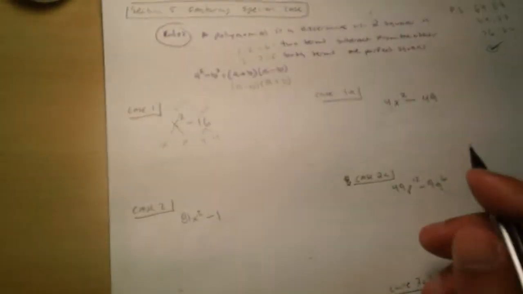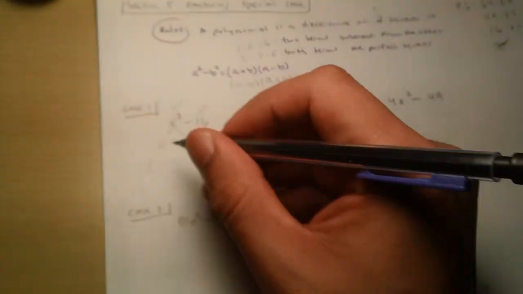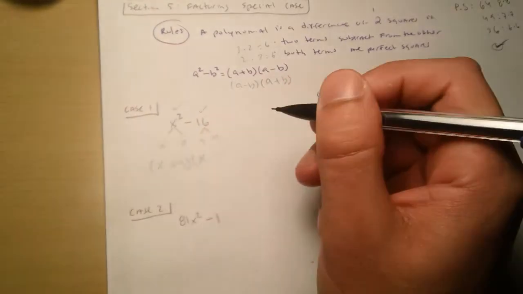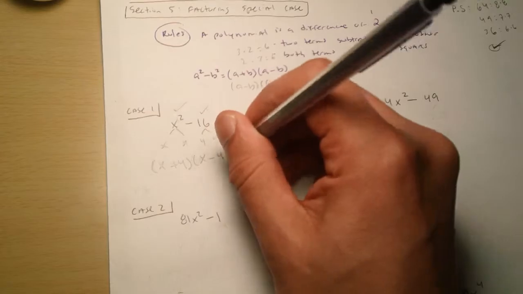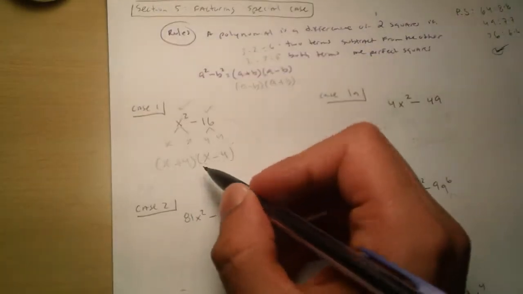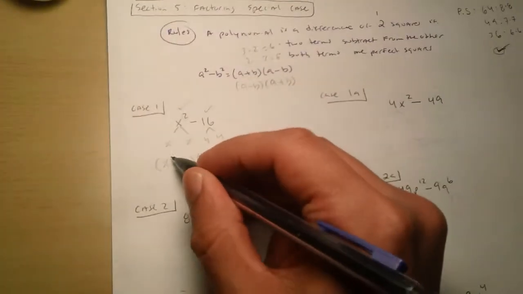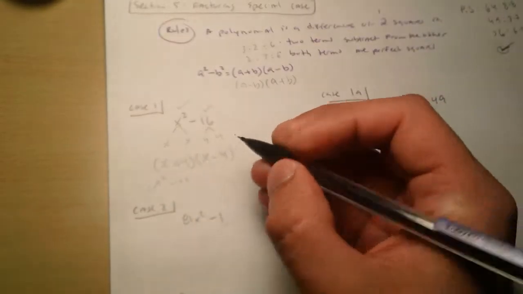Okay, hopefully we're still together here. So we have x plus 4 and x minus 4. Using FOIL is an easy way of double checking your answers. I won't be using FOIL much in this video, but I'll go ahead and double check with this one.